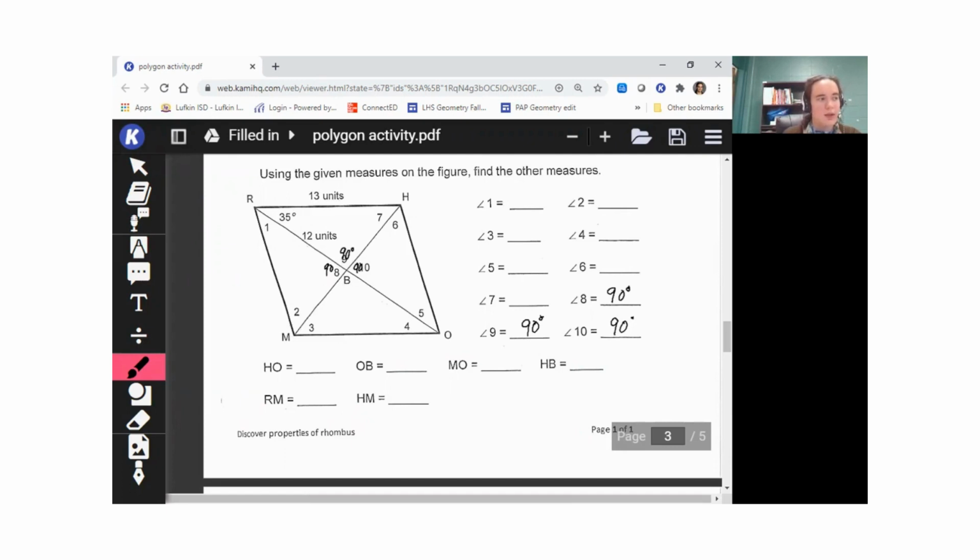Then let's use this line of symmetry, which means that that 35 degrees is also angle 1. And then we can use this line of symmetry and find out that angle 5 and angle 4 are also 35 degrees.